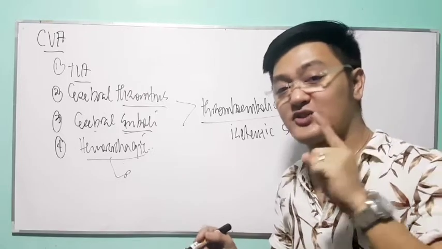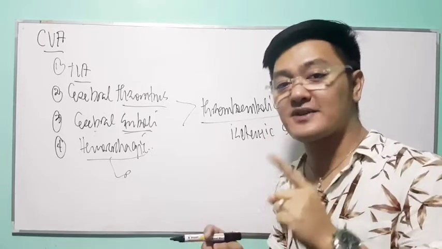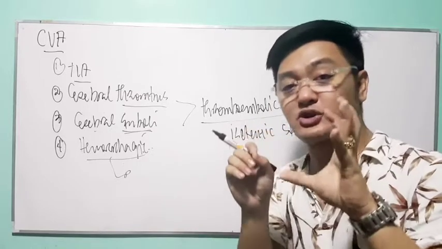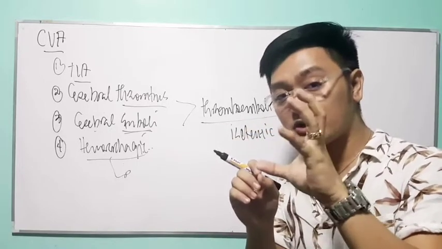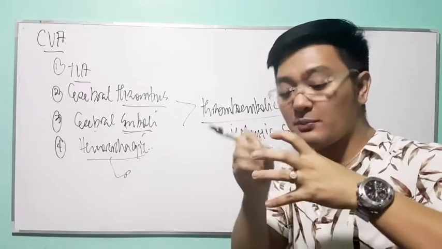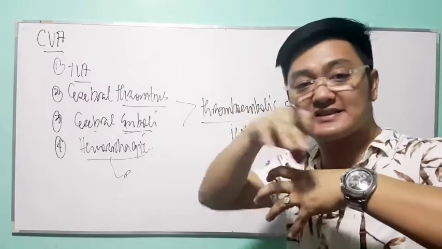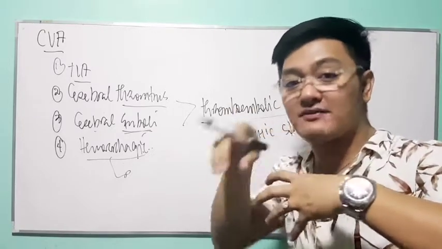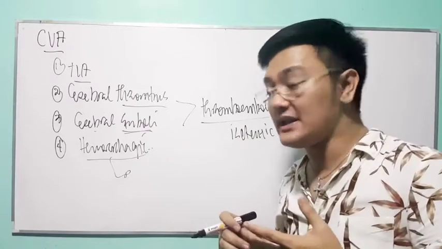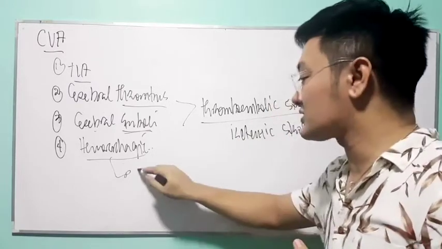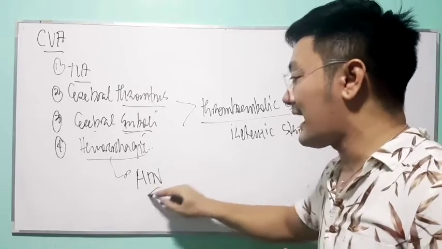Remember, if the pressure is so high, the blood vessel ruptures. When the blood vessel ruptures, the blood leaks out and compresses the tissues outside the cerebral blood vessel, which causes neurologic deficits. So this is brought about by uncontrolled hypertension.